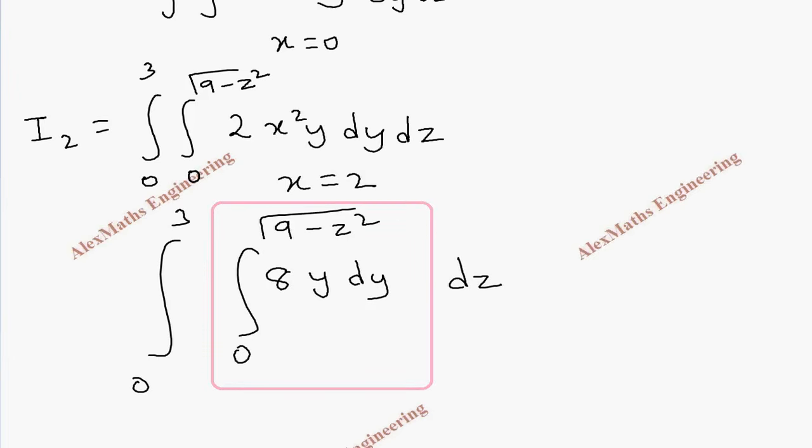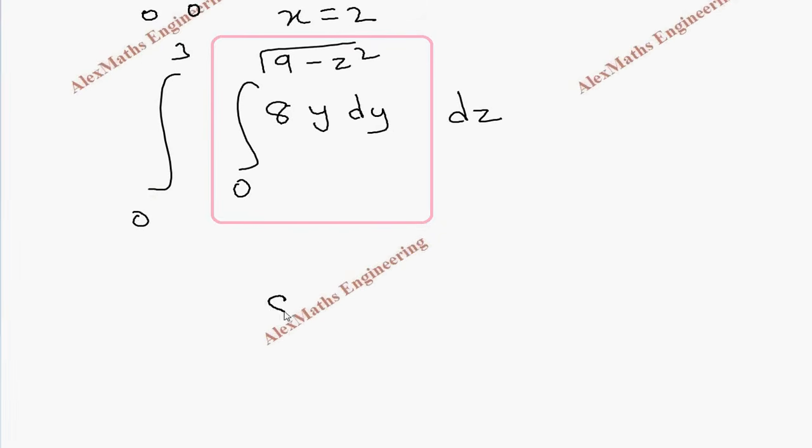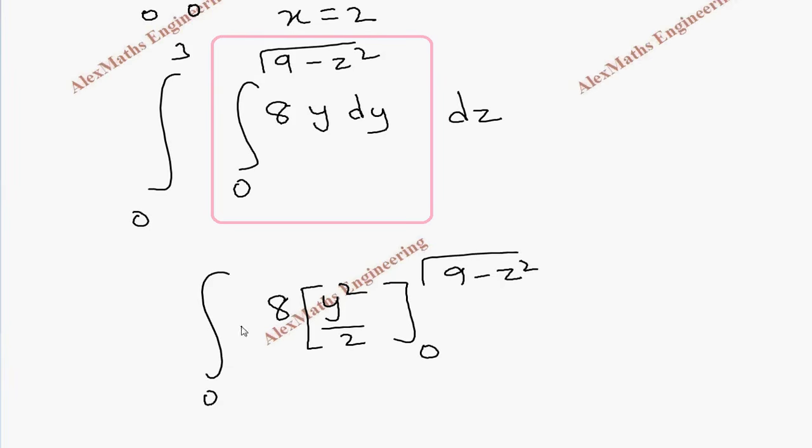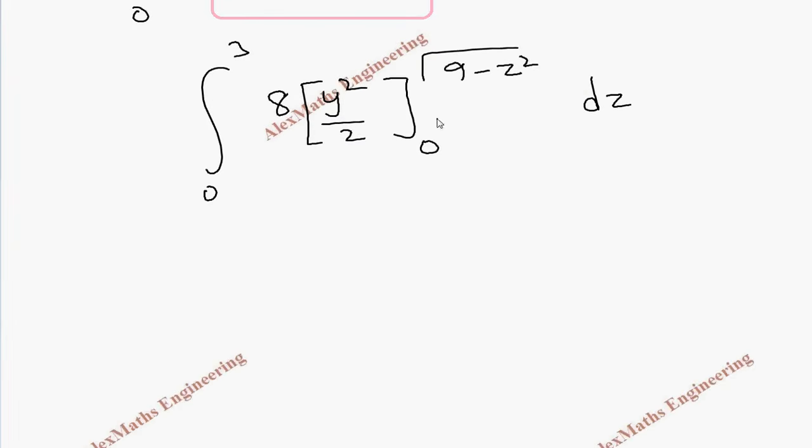It becomes 8y square by 2 from 0 to root of 9 minus z square, with the outside integral 0 to 3 dz. When we substitute the upper limit, it becomes 9 minus z square, and outside we can cancel to get 4.